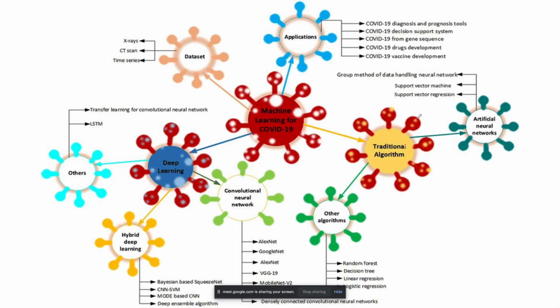Then I have also collected examples from the present scenario. In the present scenario, COVID is a very booming topic everywhere. We have variants now, COVID version 1, version 2, and a third version also came.